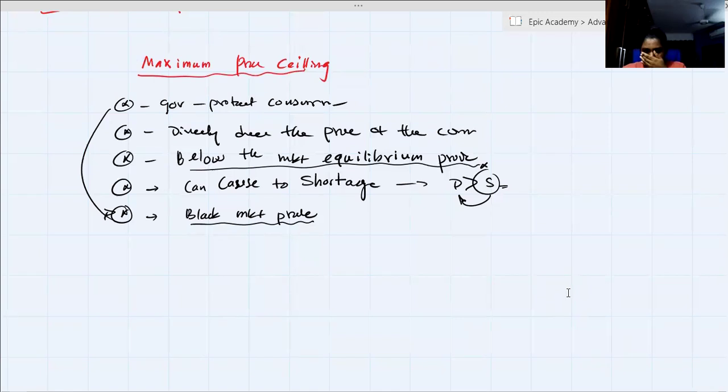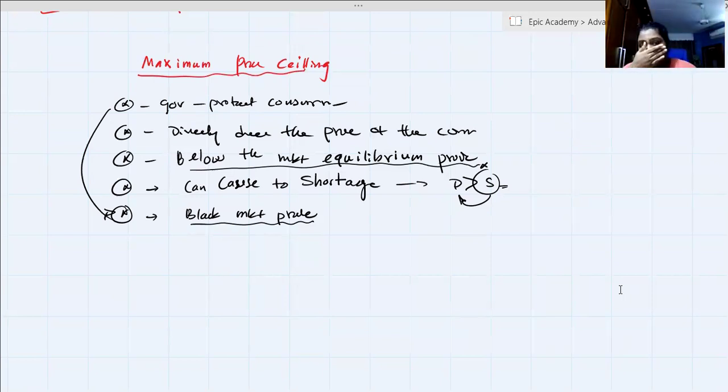Those are the main features you can identify after imposing the maximum price ceiling in the economy. First one is that the government tries to protect the consumer. Second, the maximum price ceiling is always below the equilibrium price. This price is directly decided by the government. This kind of situation can cause a shortage of the commodity.